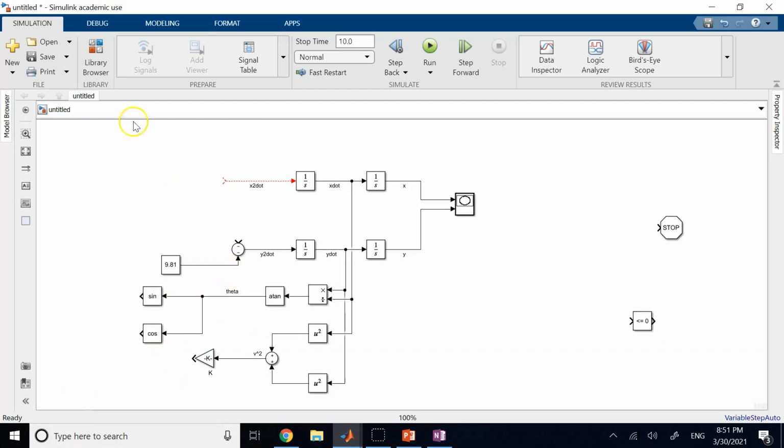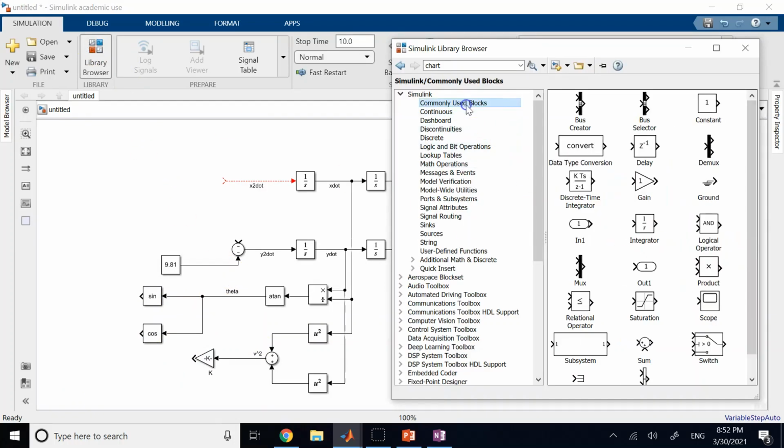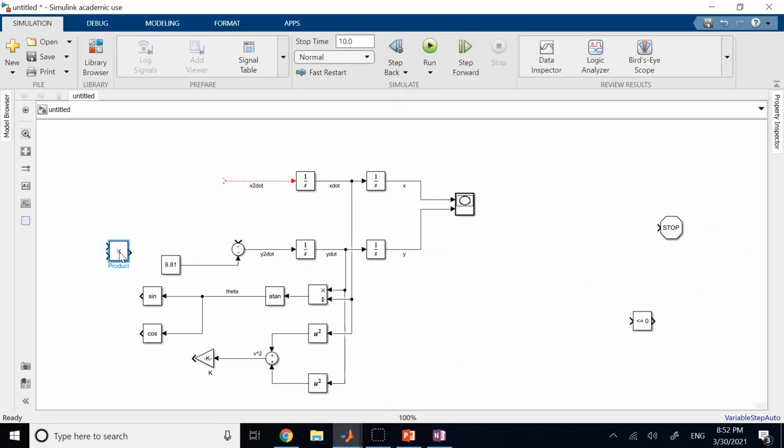So you need to multiply two signals, and for that you can go under commonly used blocks and bring the product. Here I press Control R to rotate it, and I need two of these. One of them is going to be sine theta, one of them is going to be cosine theta, and both of them are going to be multiplied by this drag force divided by m.